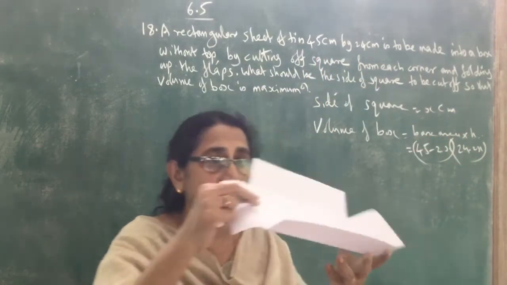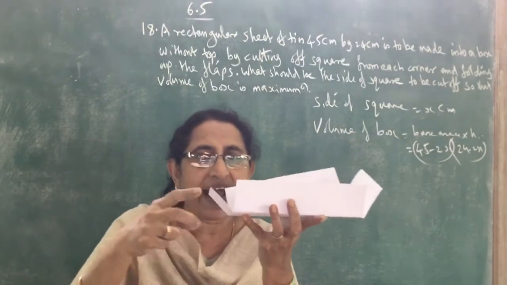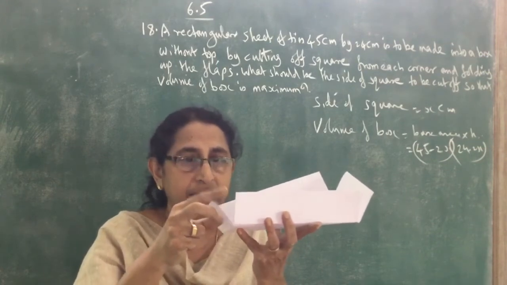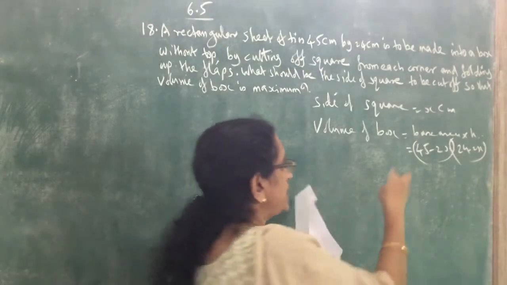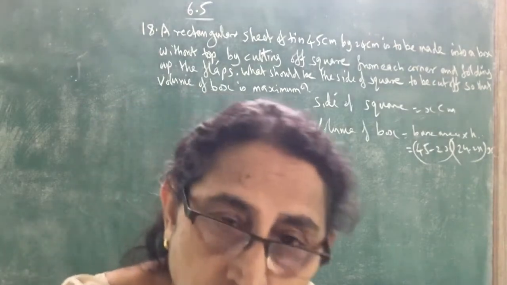And into height: what will be the height of the box? The height is x centimeter, because the side of the square cut off is x centimeter. So into height, that is x. That is the volume of the box, and it should be maximum.